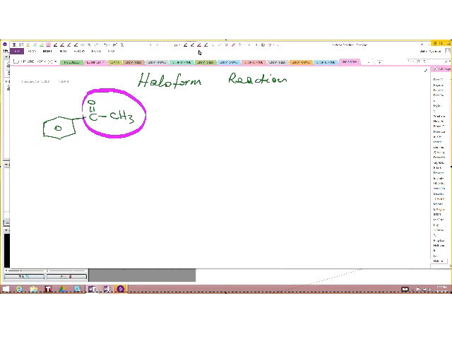If you take any compound of that nature, and you take hydroxide in the presence of, in this case, let us use iodine, step 1, and then step 2, you add dilute acid.